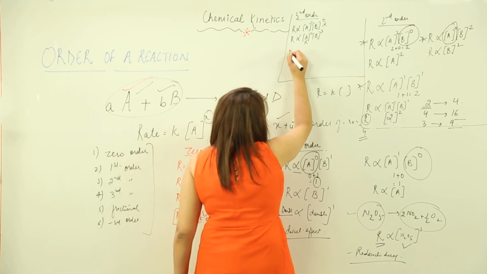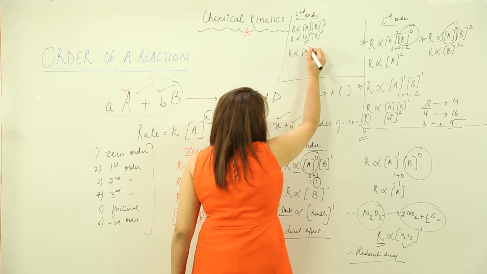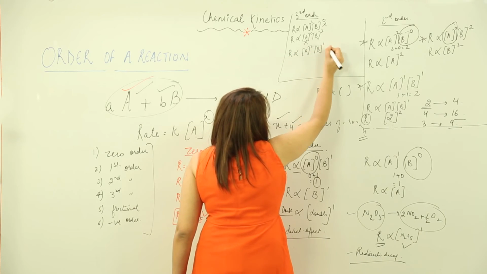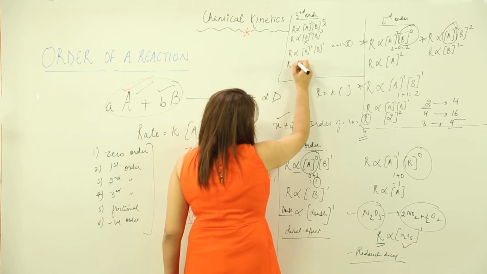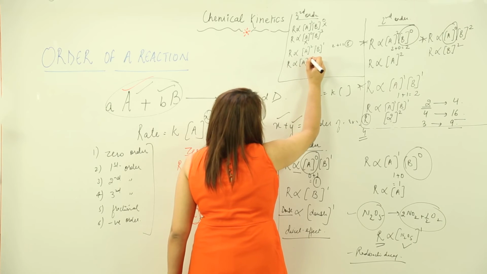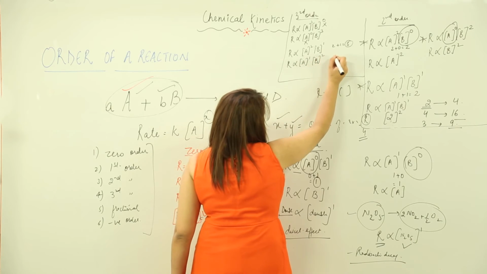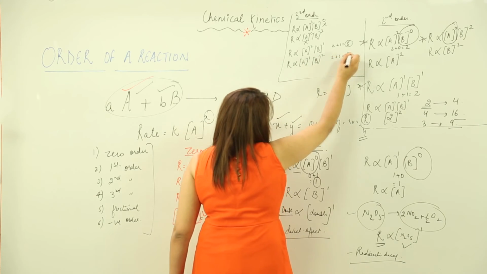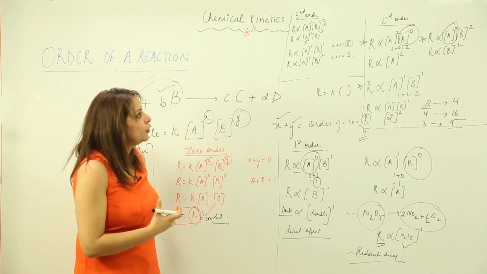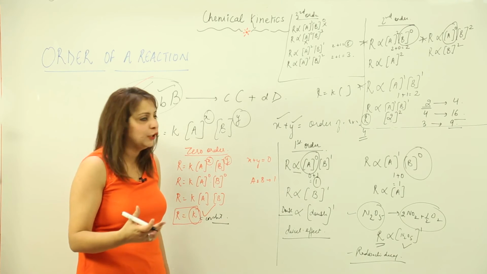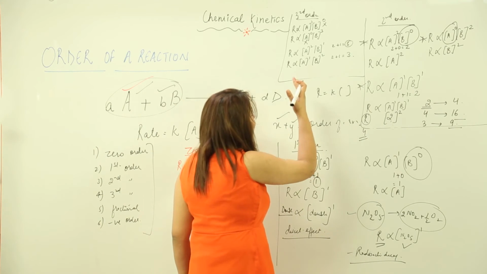We can write in this way also. In this, the sum of the powers is again 3. We can take the other combination as well. Again the sum is going to be 3. Right. So by using either of the rate law equations, we can write either of them. So it means the same.